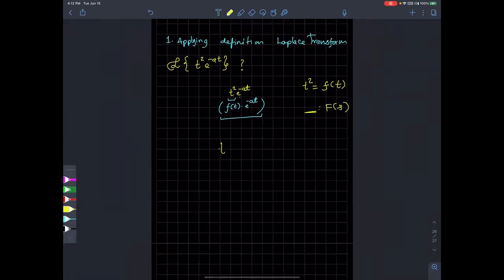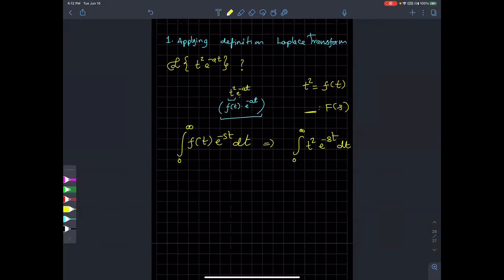So t squared is the function. If I were to find the Laplace transform of f(t), I'm doing the integral from 0 to infinity of f(t) e to the minus st dt, which implies, since my function f(t) is t squared, the integral from 0 to infinity of t squared e to the minus st dt.